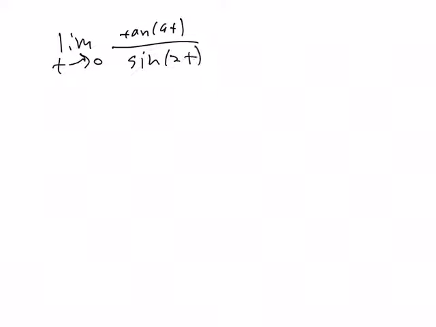The next problem that they ask us is to find the limit as t goes to 0 of tan 6t over sine of 2t.